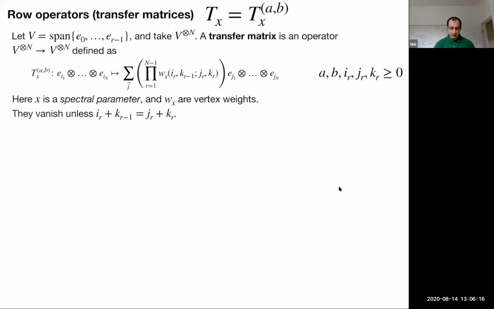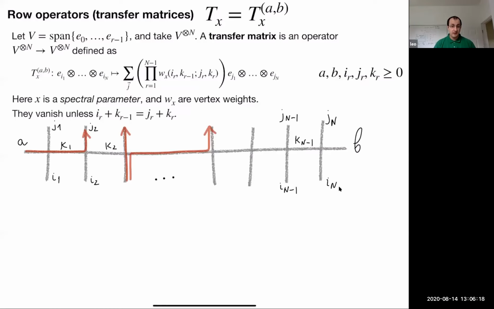Anyway, graphically, each matrix element, each product of vertex weights, can be interpreted as a weight of a configuration of paths at a single row of vertices, where you have A arrows entering from the left, like here A equals 1, and B arrows exiting from the right, like B equals 0 here, and A and B are fixed. Then I1 through IN are labels of the image, and J1 through Jn are labels of the result, like labels of the target space.